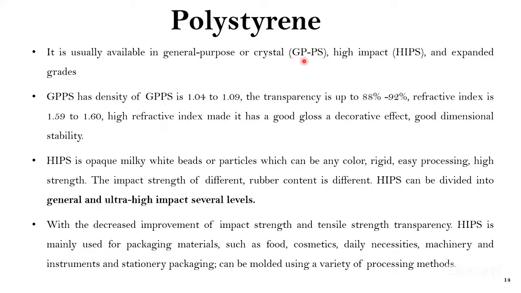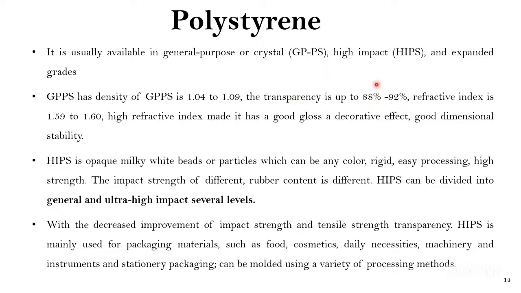So this GPPS that is very commonly used in this market right now has a density of 1.04 to 1.09 gram per cc, and the transparency is up to 88% to 92%. See, the transparency is quite high, which means this GPPS, sorry, is quite amorphous in nature.